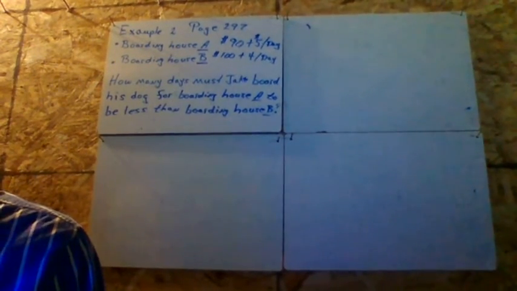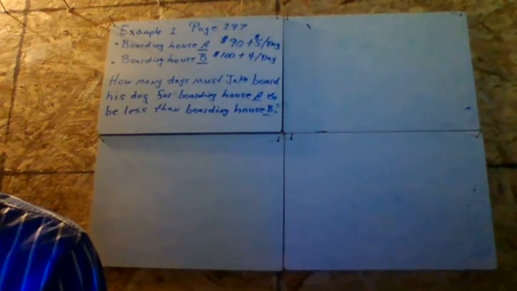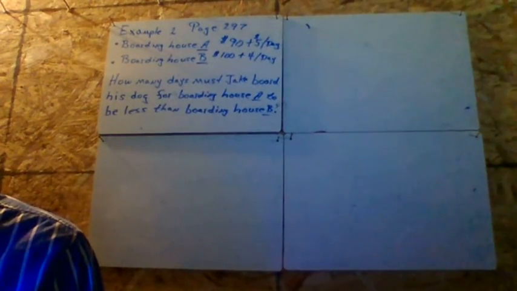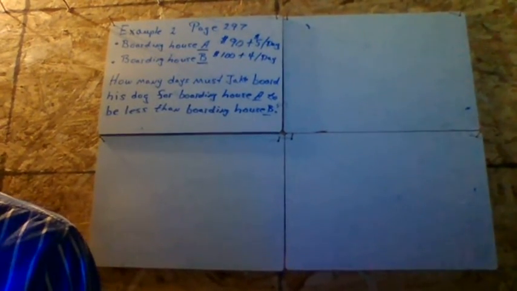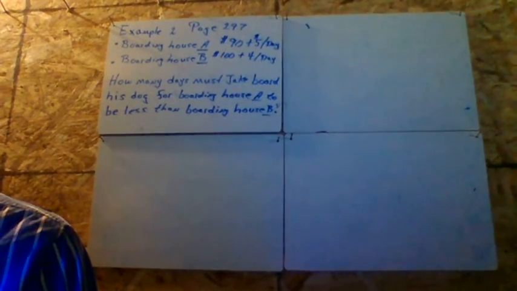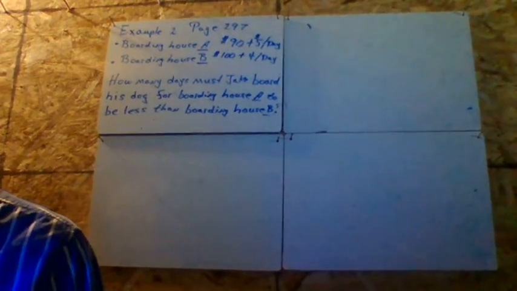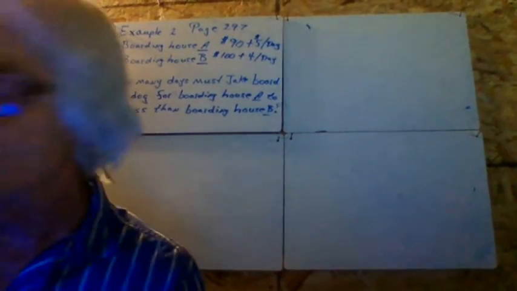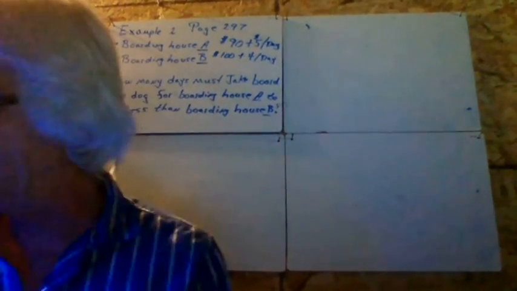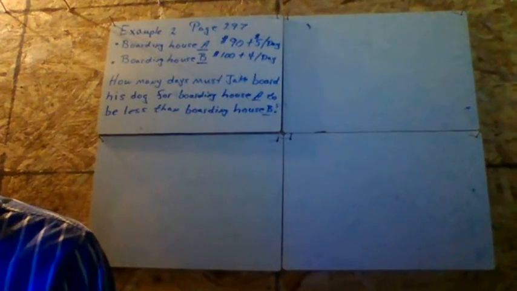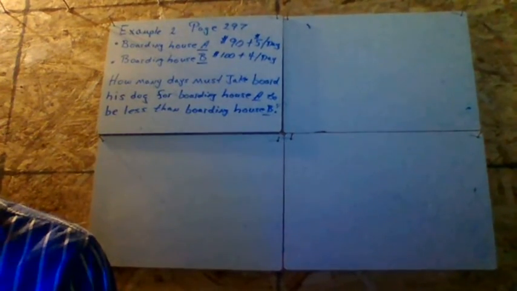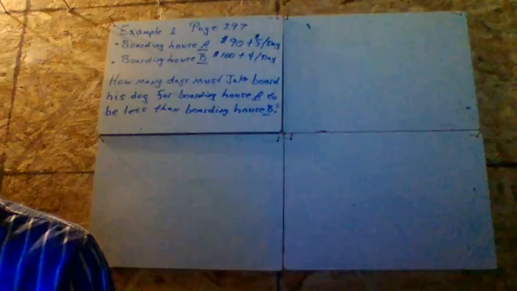Boarding house B charges $100 plus $4 per day. For how many days must Jake board his dog for boarding house A to be less expensive than boarding house B? Then what I'm asked to do with that is, first of all, choose a variable and write an inequality that can be used to solve this problem.